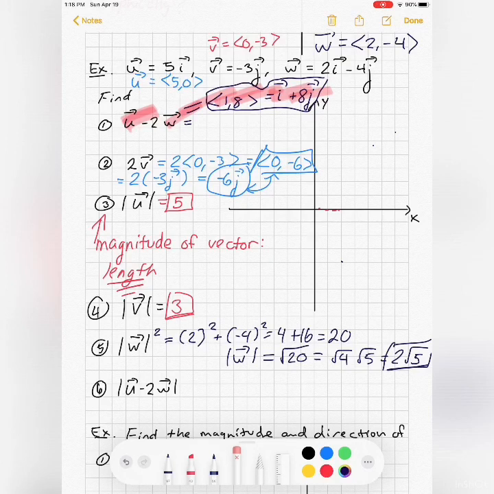Okay, that'll be good enough. So to graph that vector u minus 2w, that one says go right 1 and up 8. 1, 2, 3, 4, 5, 6, 7, 8. Be here. There's that vector.